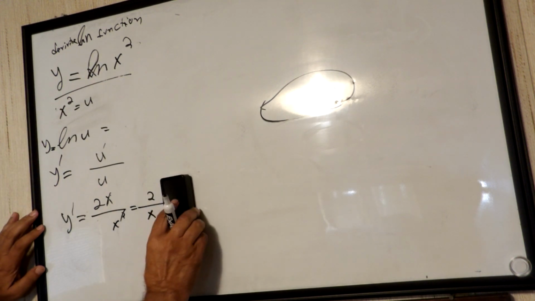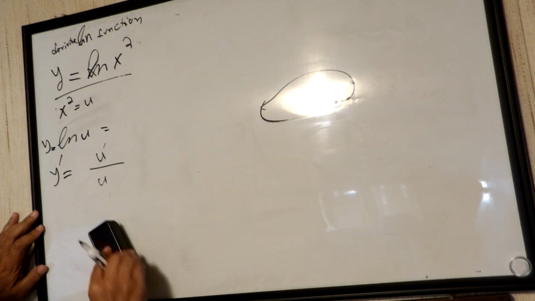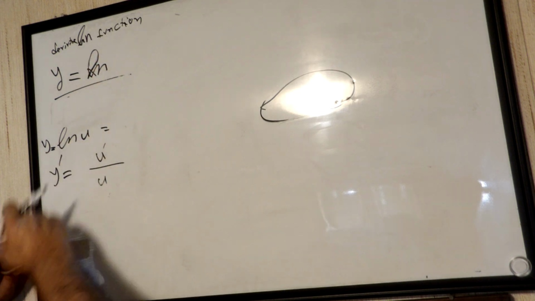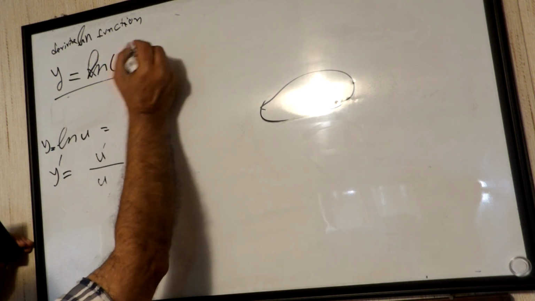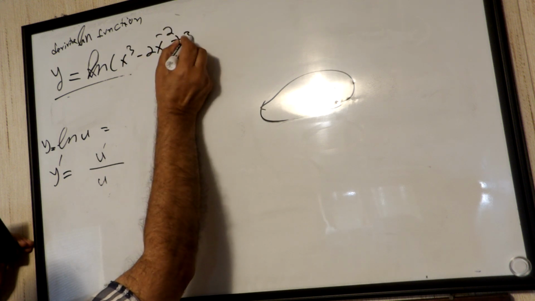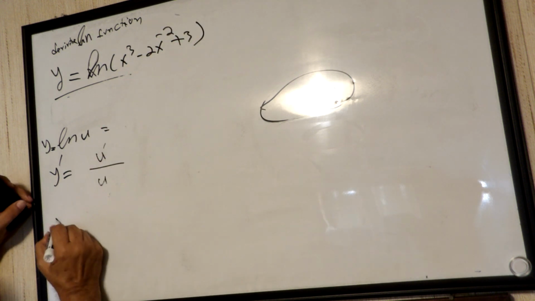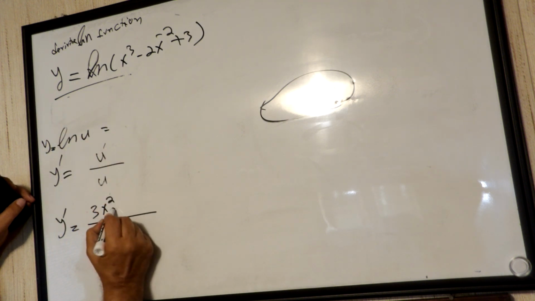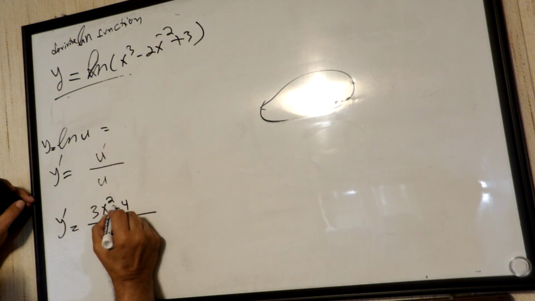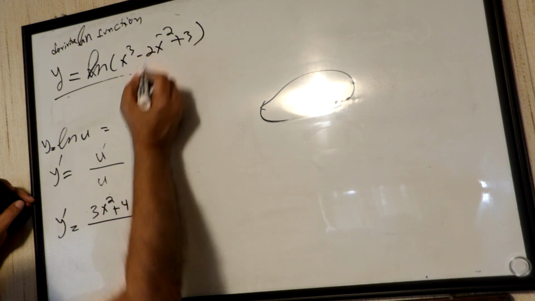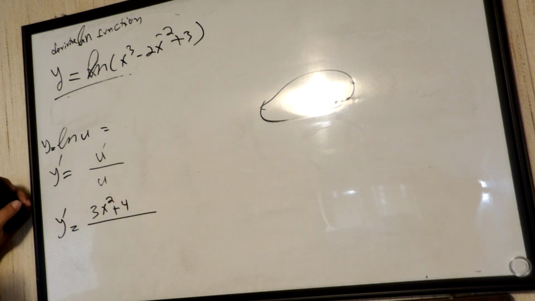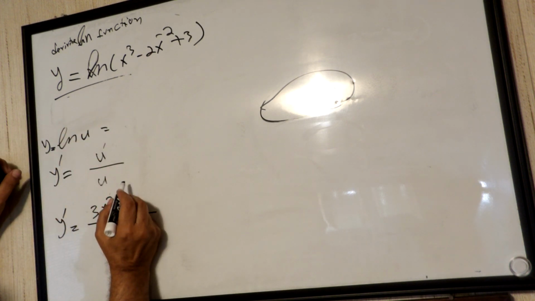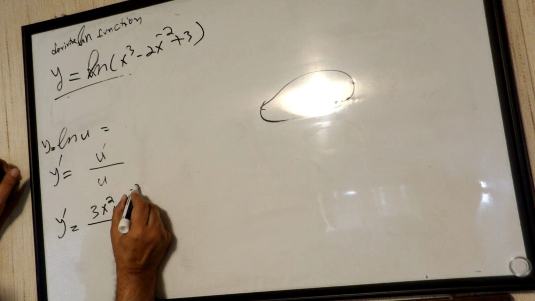Now let's write whatever, ln of x cubed minus 2x minus 2 plus 3, what is going to be? So y prime is going to be u prime, 3x squared minus 4 plus 4 minus 2 multiplied by minus 2, the exponent is going to be minus 1, so it's going to be 4x minus 3.